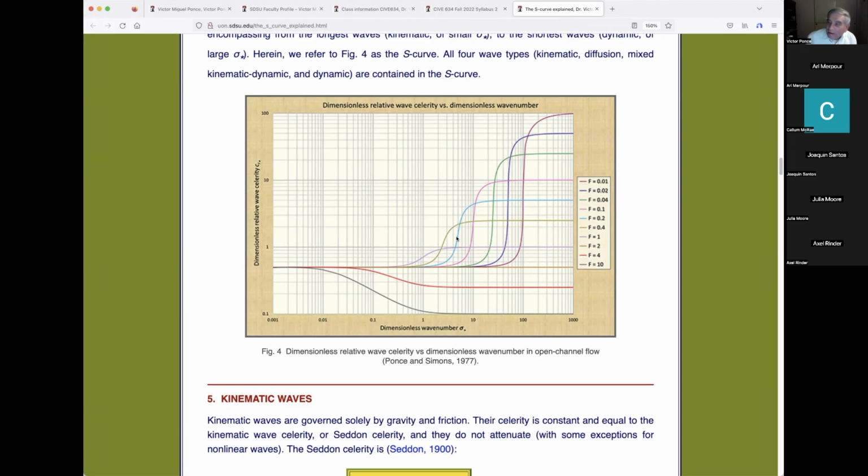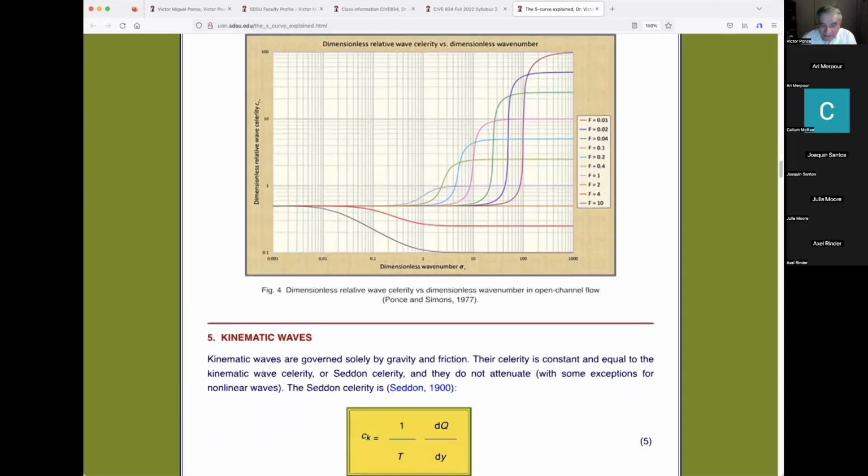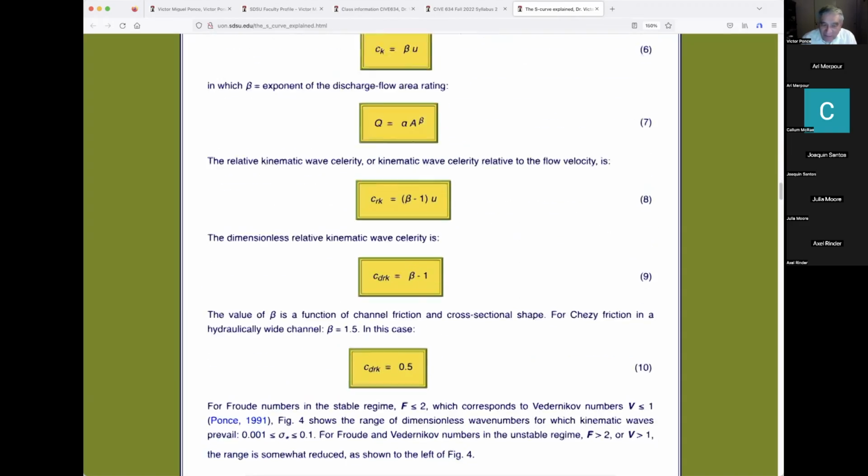That is why, prior to this discovery, there were only two speeds, the Seddon speed over here and the Lagrange speed, which varies with the Froude number over here. But we found that there was in fact a missing link, so to speak, between Seddon and Lagrange.